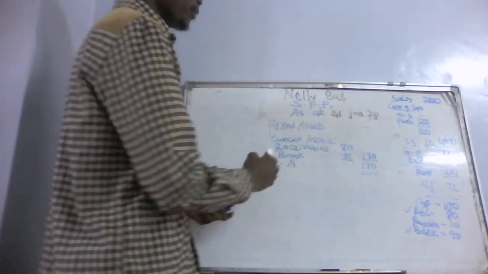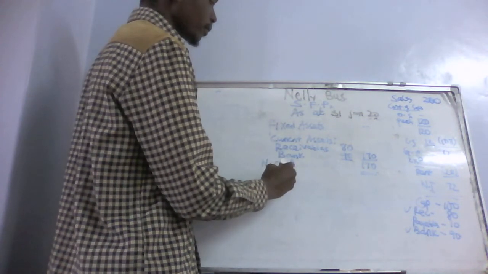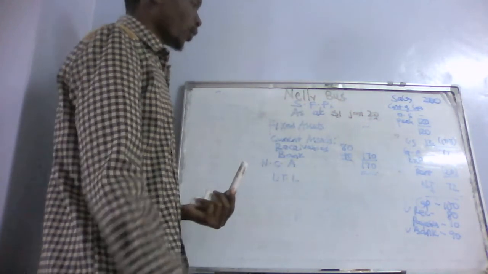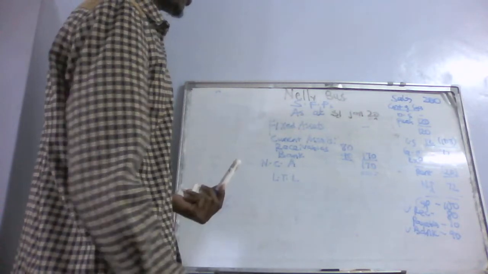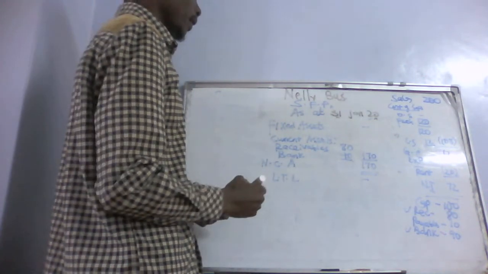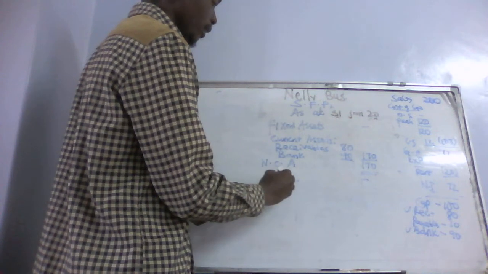And then we will have long-term liabilities. This one will have something like debentures, 10-year loan, 3-year loan, or things like that. In this case, they are 0 in our business. And then we will have equity.